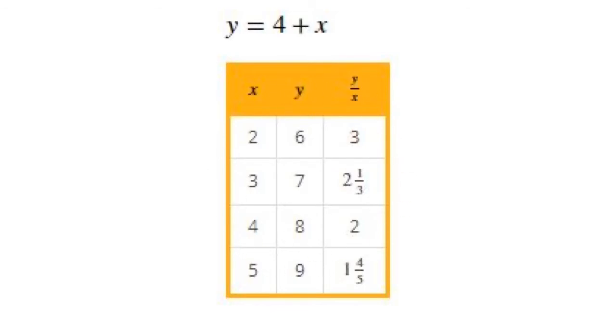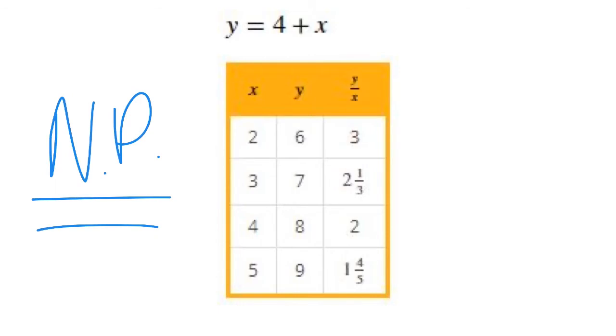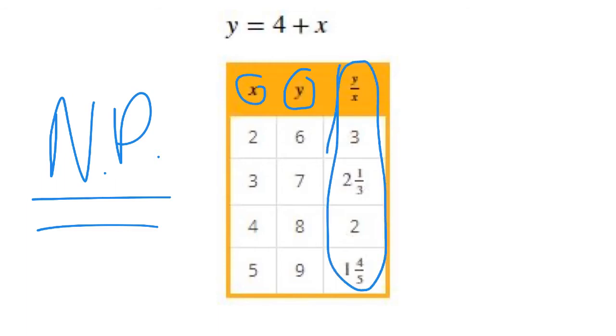Well, it is not proportional, because if we look at the comparison of the y to the x, this would be our constant of proportionality, and the constant of proportionality is not the same for each set. So therefore, it has to be non-proportional.